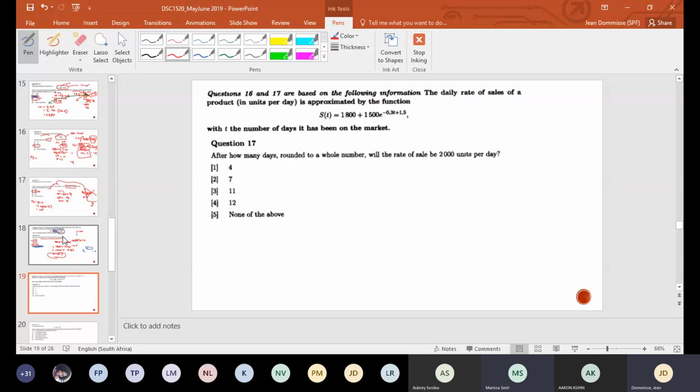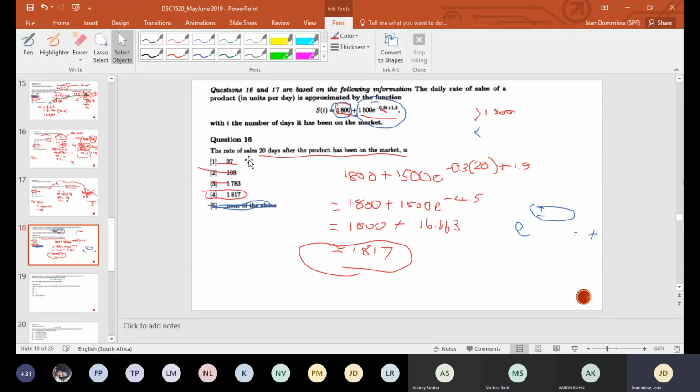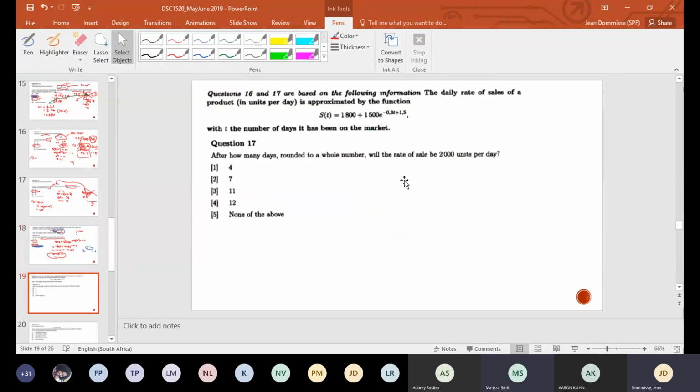In this one, they asked after how many days, so it was easy to say after 20 days, we put in 20 in that formula and solve it. Here, we need to actually find out what that T is. So now it becomes difficult.